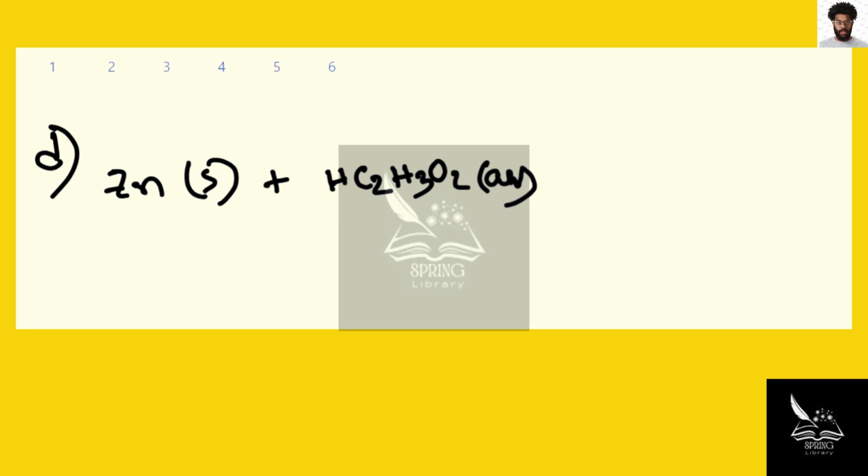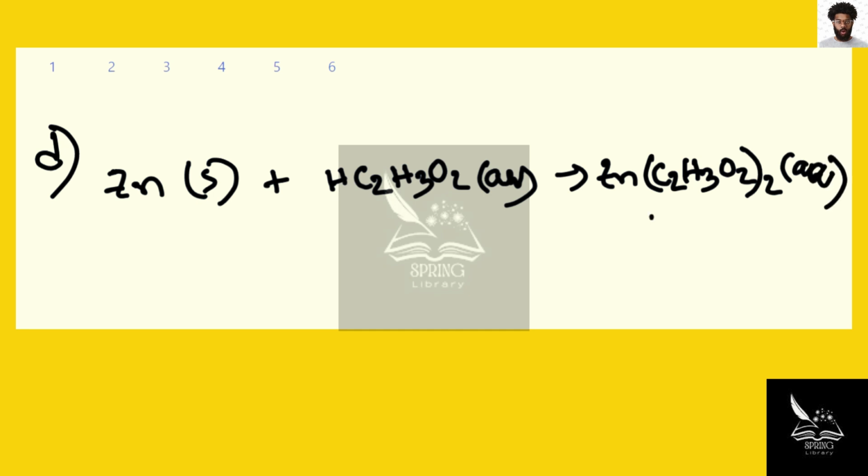And since it's also water soluble, it will be aqueous. In the product we will have zinc acetate. Since the charge on the acetate ion is -1 and on zinc it's +2, it will be Zn(C2H3O2)2. It will also be aqueous. And then we will have hydrogen gas.